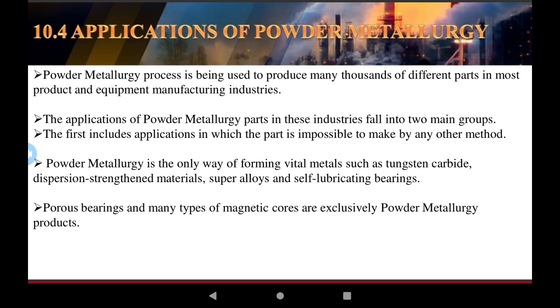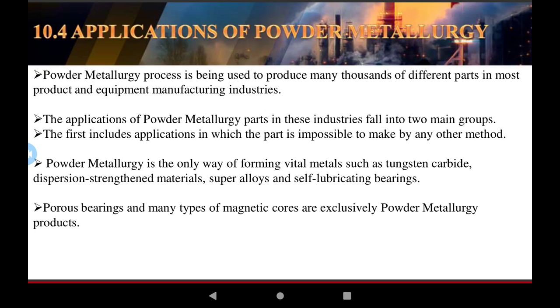And first, it includes applications in which the part is impossible to make by any other method, provided for the manufacturing operation and production process.